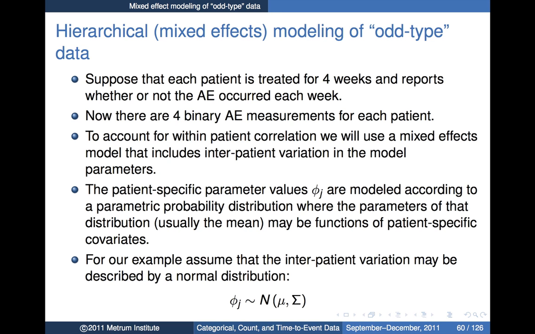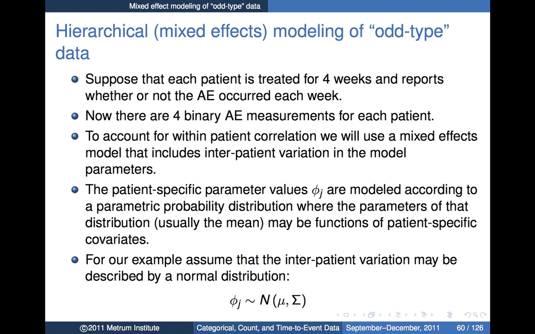We're going to break it up into segments. So we're going to look at whether or not an adverse event occurred during each weekly period over a 4-week study. So in that instance, there would be 4 binary adverse event measurements for each patient.